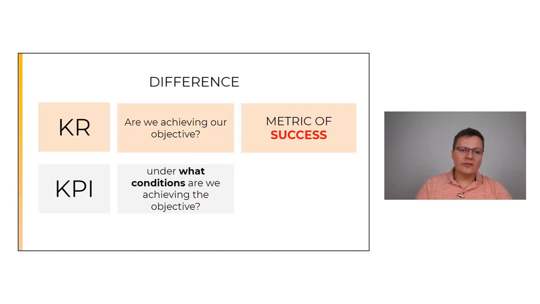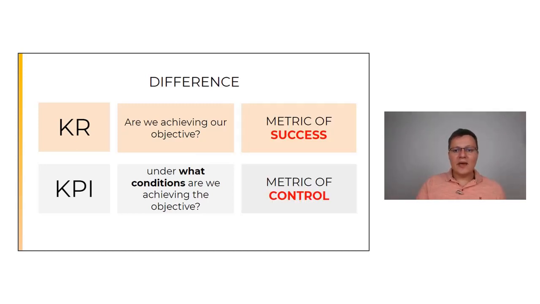While a key result is a metric of success, a KPI is a metric of control, because a KPI just assists me to answer under what conditions I am achieving my objective.